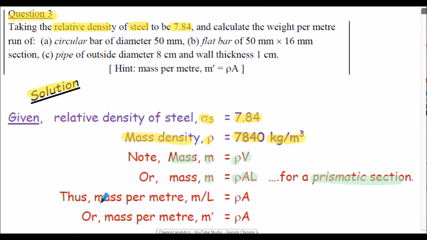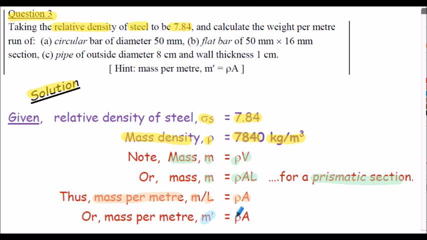We're actually asked to calculate the mass per meter in the question. So if we divide both sides of this equation here by L, then the mass per unit length is equal to the density multiplied by the cross-sectional area. On the next line, I just denoted the m divided by L as m dash, just for convenience.